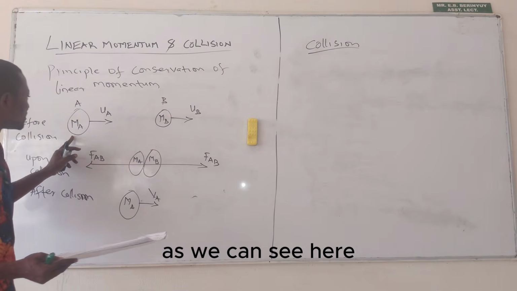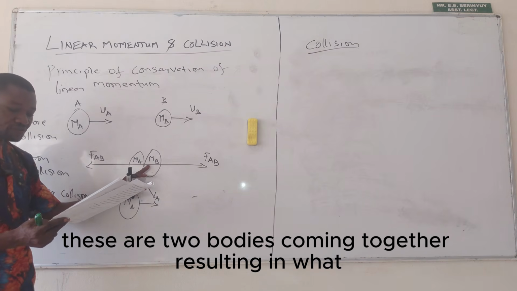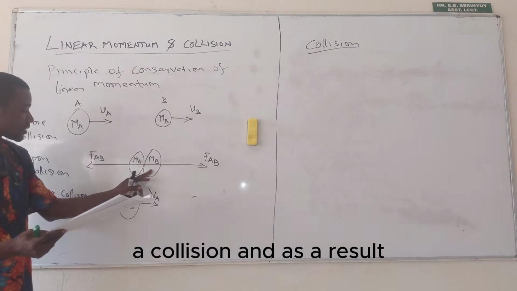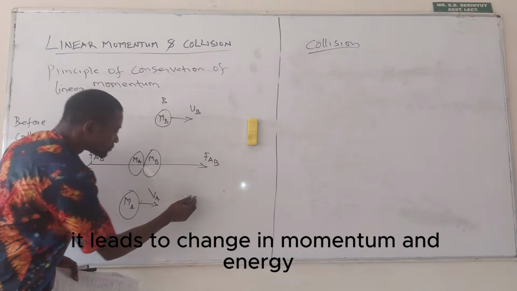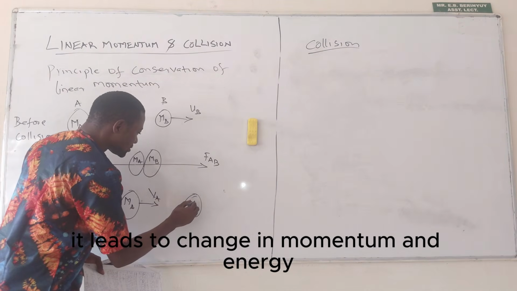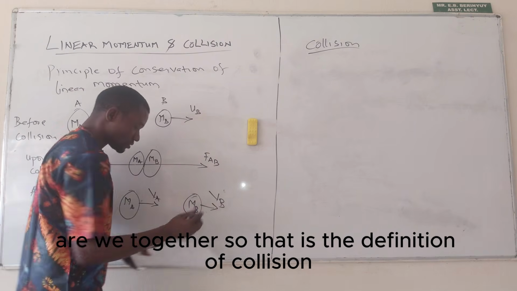As we can see here, these are two bodies coming together, resulting in collision, and as a result, it leads to change in momentum and energy. Are we together? So that is the definition of collision.